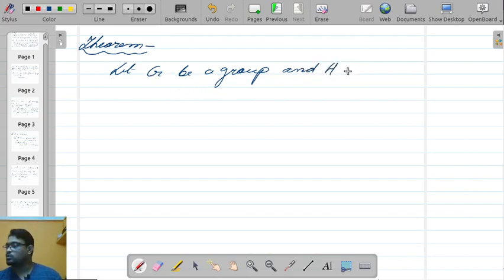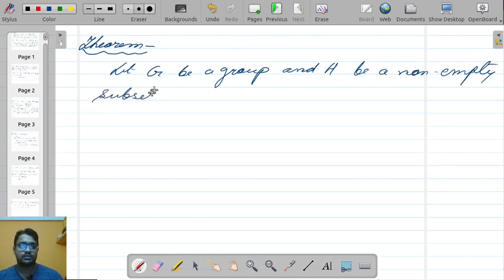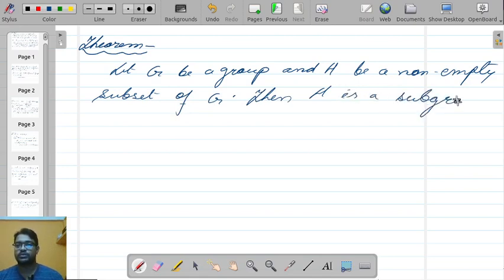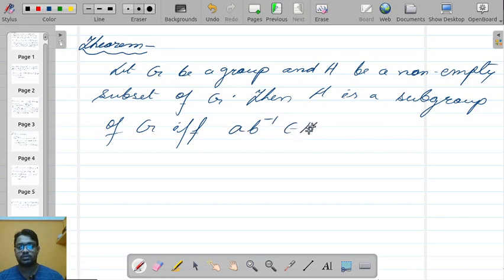Let G be a group and H be a non-empty subset of G. Then H is a subgroup of G if and only if a b inverse belongs to H whenever a, b belong to H. There are two parts to this theorem.